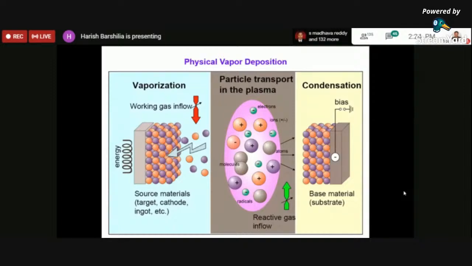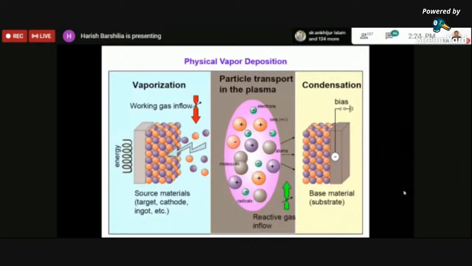We have a chamber which is evacuated by using suitable pumps, and then a gas, basically an inert gas, say argon, is kept at a particular pressure in the chamber, and then we apply some sort of potential to these two electrodes in the vacuum chamber, and then you find that the fourth state of matter, that is plasma, is generated, which is nothing but a collection of electrons, positive ions, negative ions.